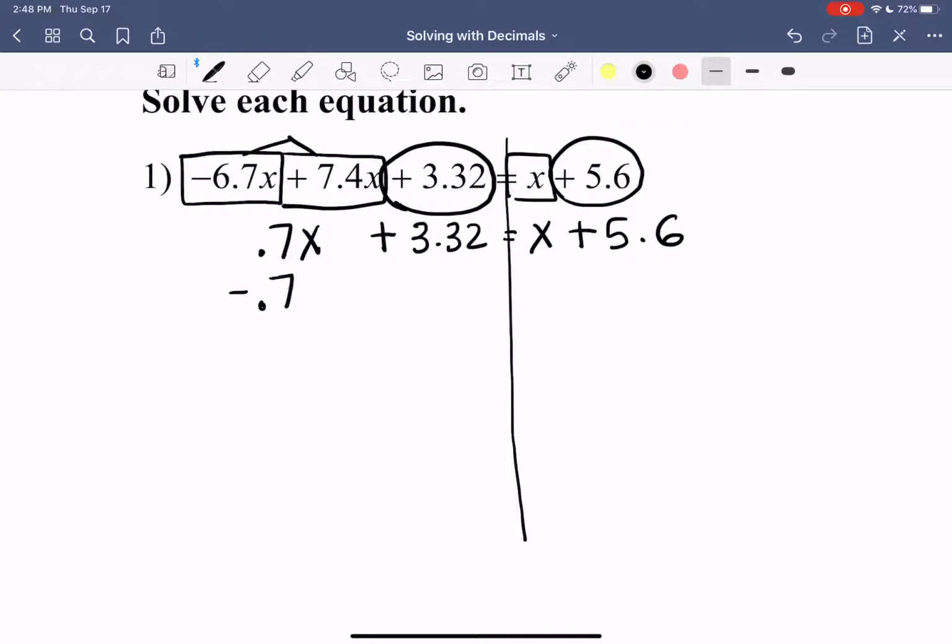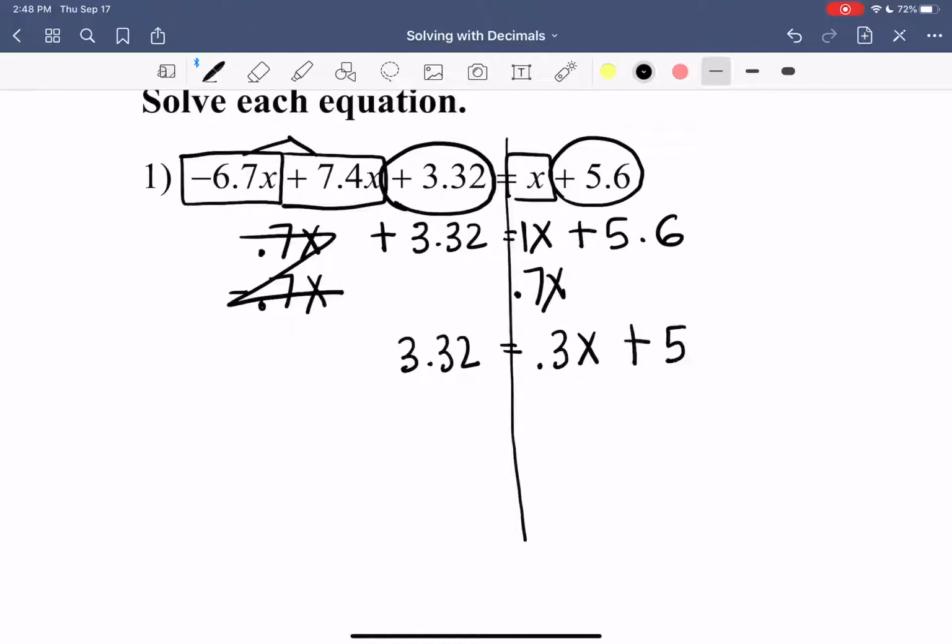Since this is 0.7x, that is smaller than 1, because this is a 1 here. So we're moving our least coefficient and then simplifying. On the left side, we have 3.32 equals 1 minus 0.7, which is 0.3x, and we still have 5.6. Okay, so we finished our second step.